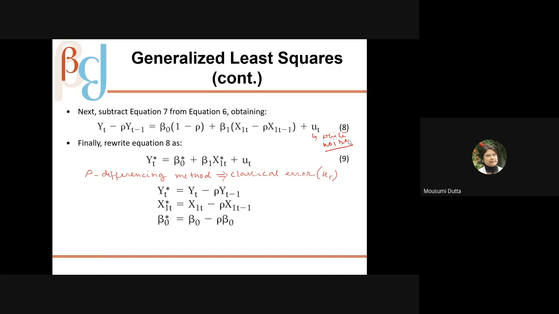Many a times we consider the value of rho to be equal to 1.